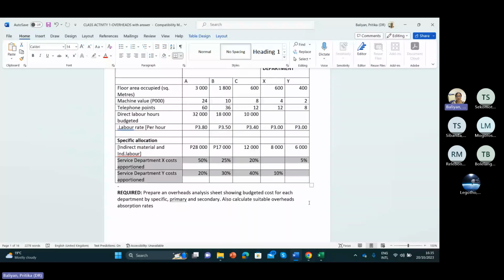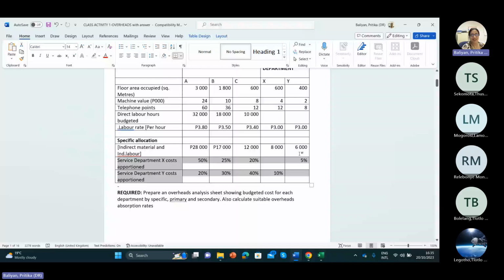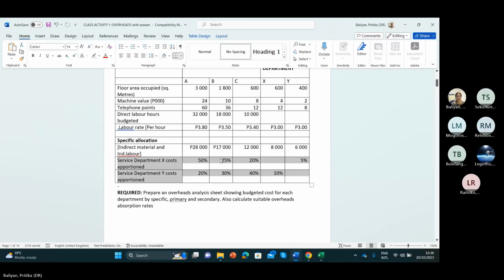So in the X department, you see X worked 50% for A, 25% for B, and 20% for C. Can you see it here? Yes, ma'am. So we use that information, 50%, 25, and 20. What is the total of it? 50 plus 25 plus 20. Okay. This total is 95, right?